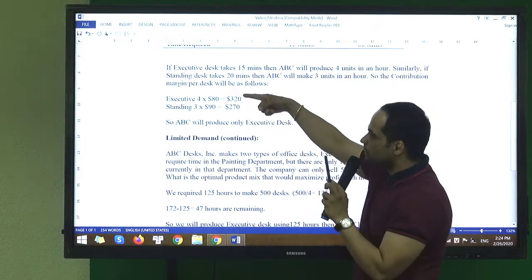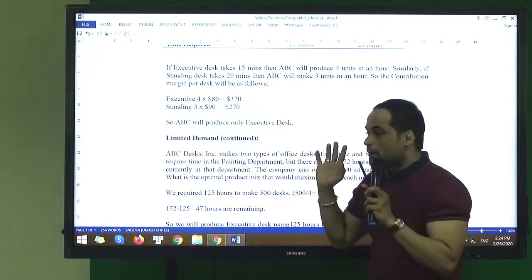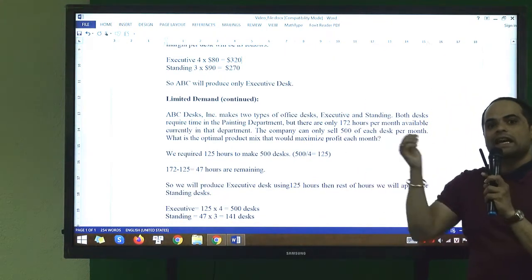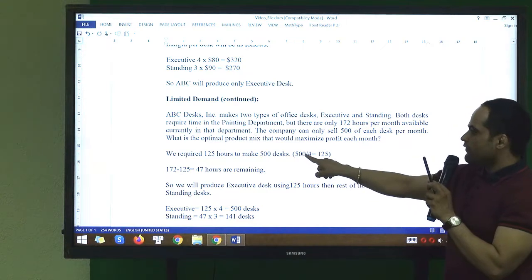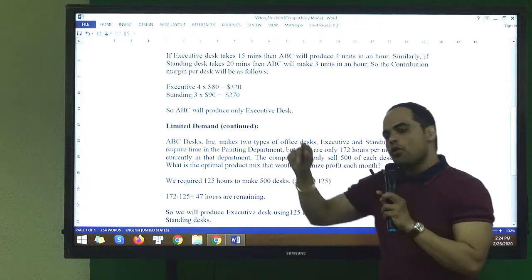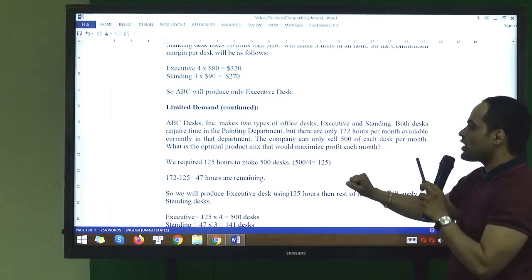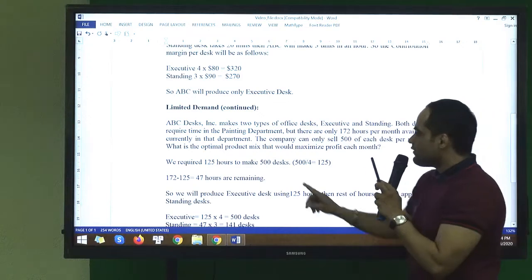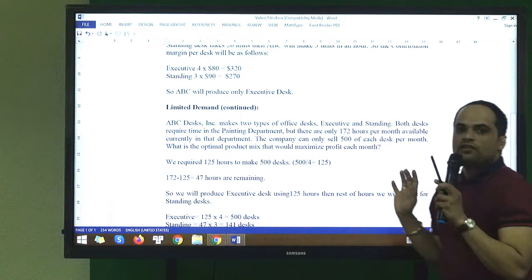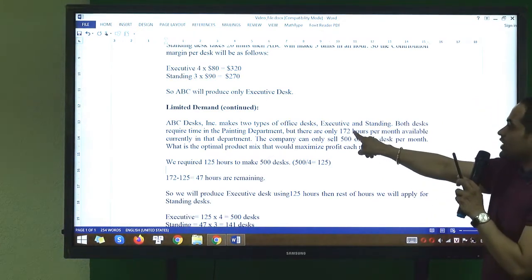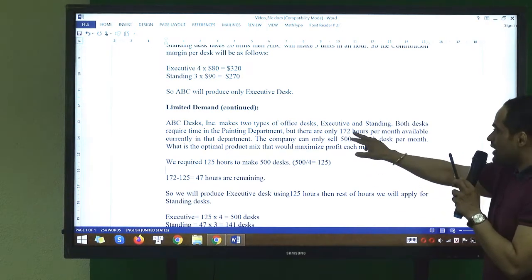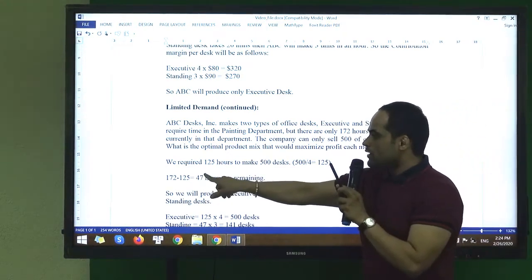So we will produce executive product. But we have to check how many hours are required to make executive product. So total products are 500 divided by 4, because in 1 hour you can make 4 executive products. 500 divided by 4 is 125. So if you want to make 500 desks, we need 125 hours. So some hours we can save, which is 172 minus 125.